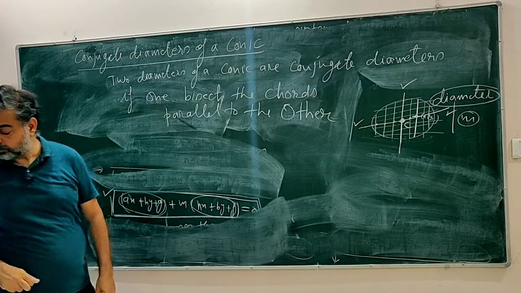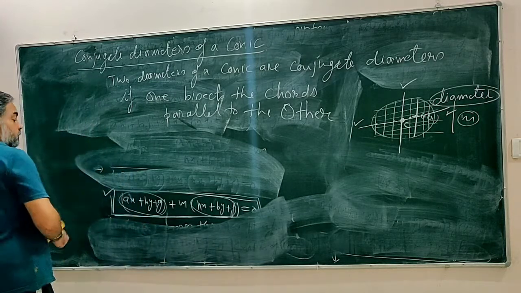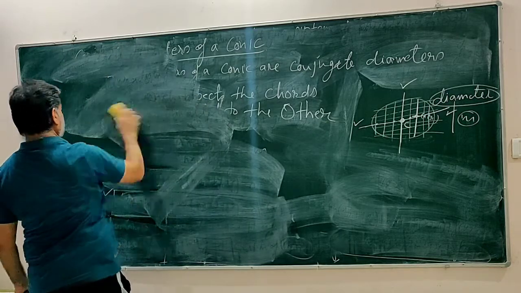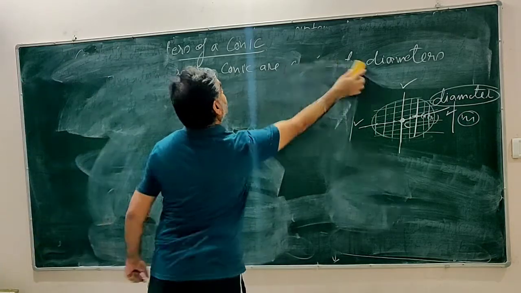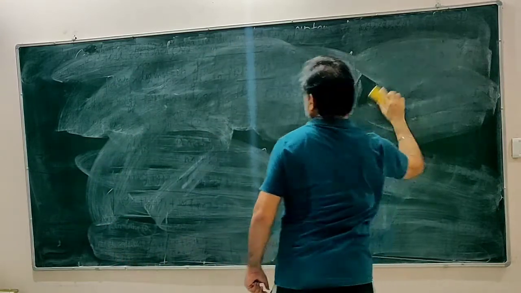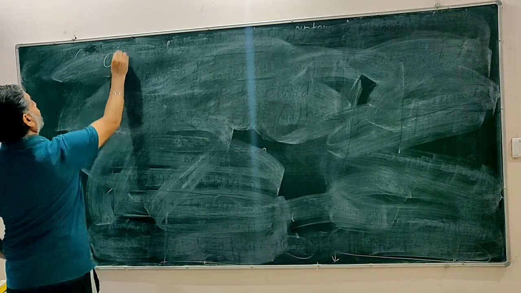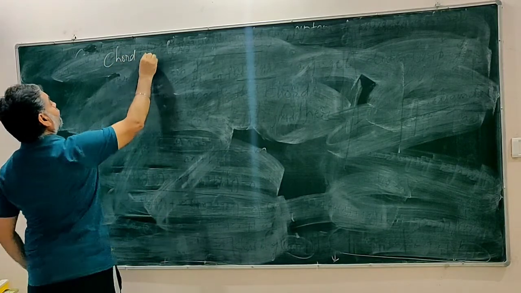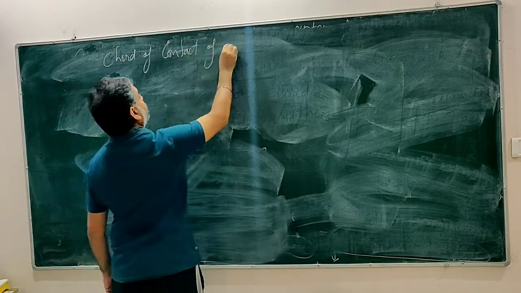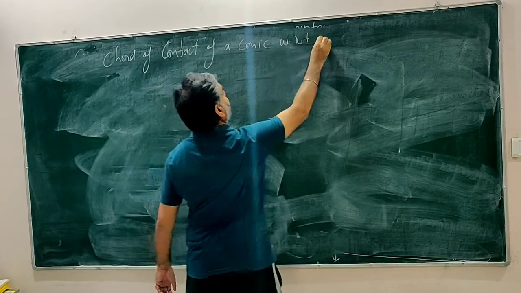Next we find the equation of the chord of contact of a conic with respect to a given point.